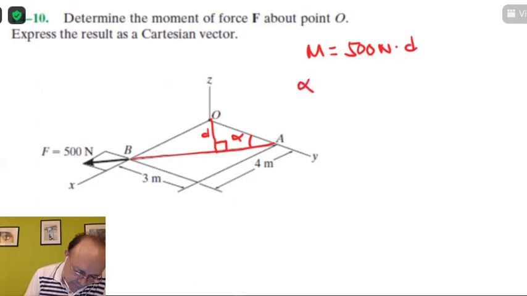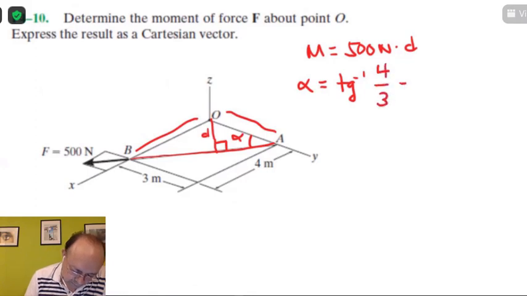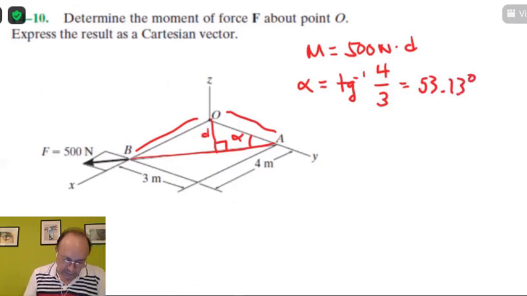Alpha can be found as tangent minus 1 of this over this, which is 4 over 3. So tangent minus 1 of 4 over 3 will be 53.13 degrees.